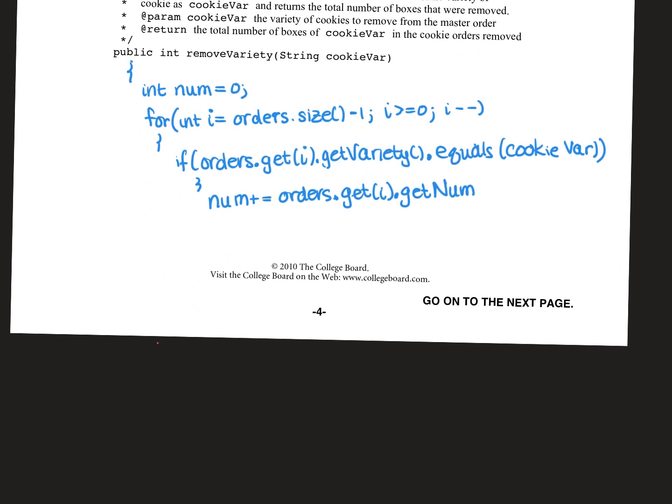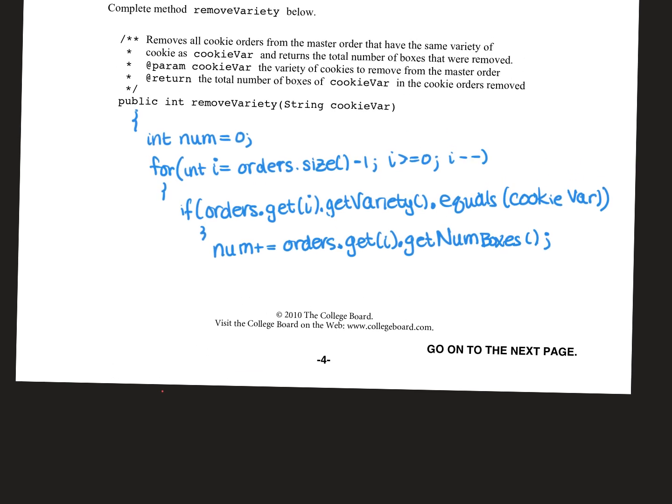I think it's getNumBoxes. And that adds to that. Now we're going to remove the item, so you're going to go orders.remove(i), what was at position i. And then lastly, you're going to return num.